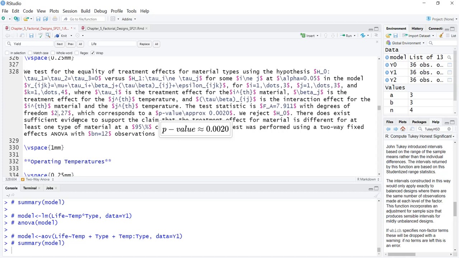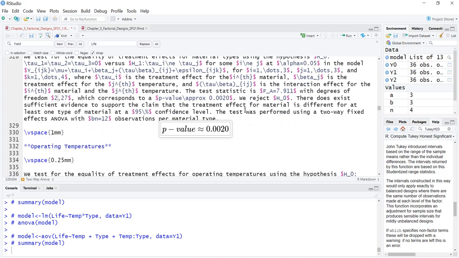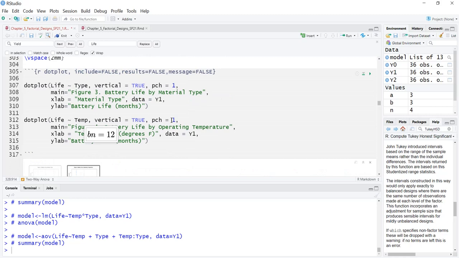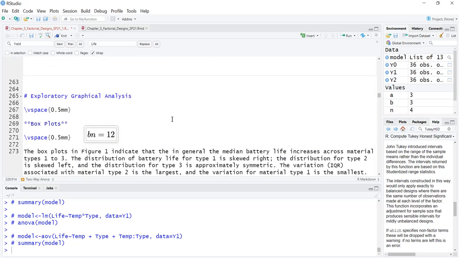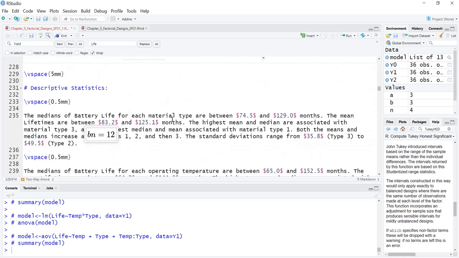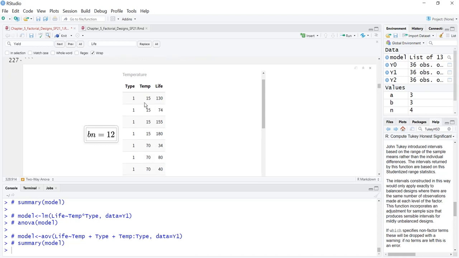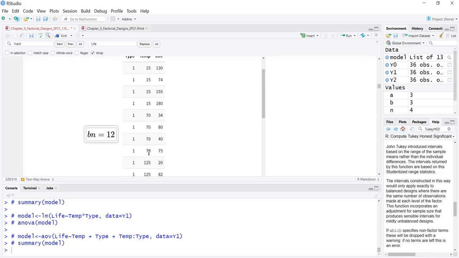We reject. There does exist... And then I say for 12 observations, B times N. For each level of A, there's going to be B times N observations. You can look at your data and see this if you want to verify. So here from material type, I have 1, 2, 3, 4, 5, 6, 7, 8, and then 9, 10, 11, 12.